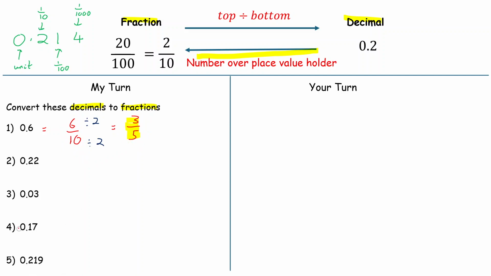Now the next one, we've got 0.22. Again, your number is just 22, so it's going to be equal to 22 over the place value holder. Well, we get up to this 2 here, which is in the hundredths column, so it's going to be 22 out of 100. Again, that is correct, decimal into fraction, they mean the same thing, but we can simplify this.